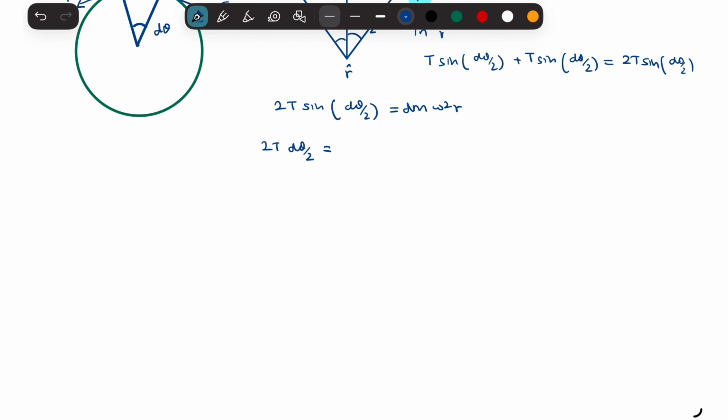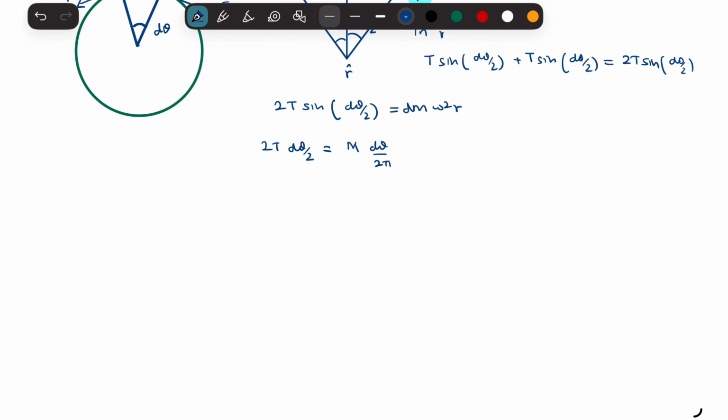Now for dm, that is capital M times d theta upon 2 pi. It has to be 2 pi. You can also do this in length, but then you have to make sure that the ratio is dimensionless.